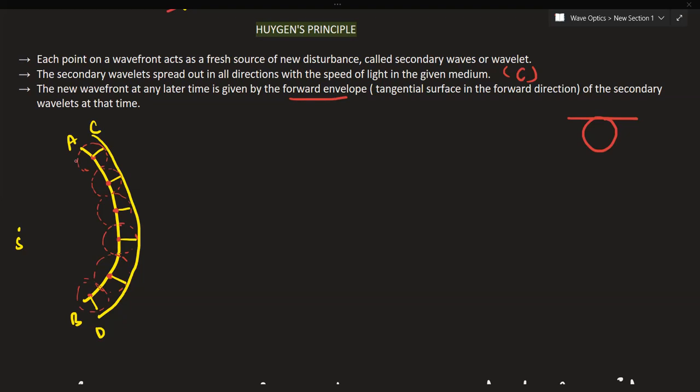Why only the forward envelope? Why not the backward? Because the rays are traveling from the source. Yes. See, no backward wavefront is possible. And the reason is that there cannot be backward flow of energy during the propagation of a wave. That's why I have not considered these. Otherwise, I could have drawn them. But energy cannot propagate backwardly.